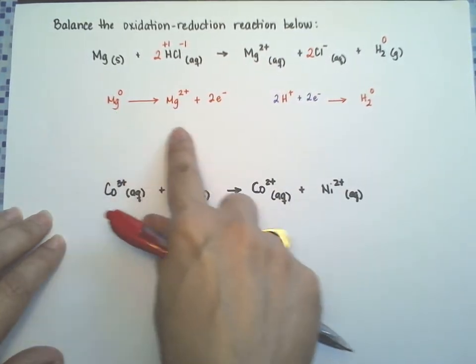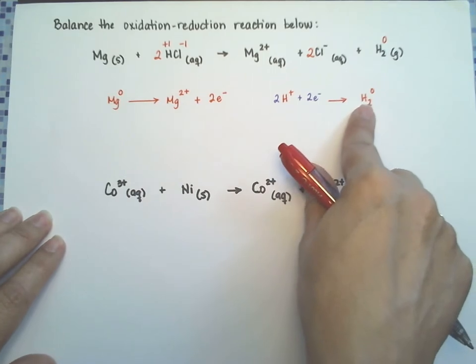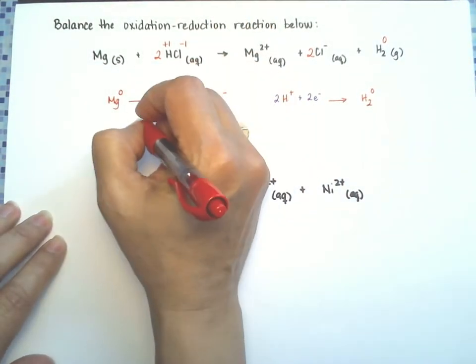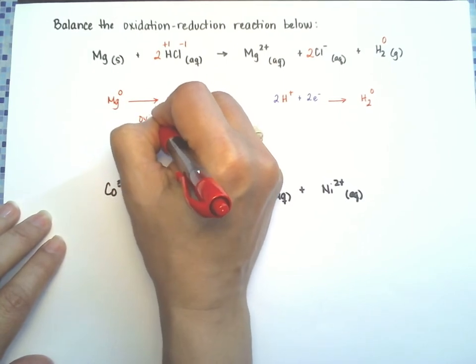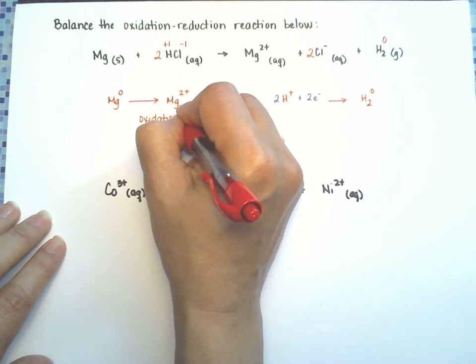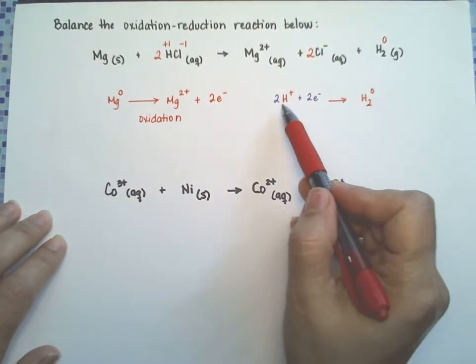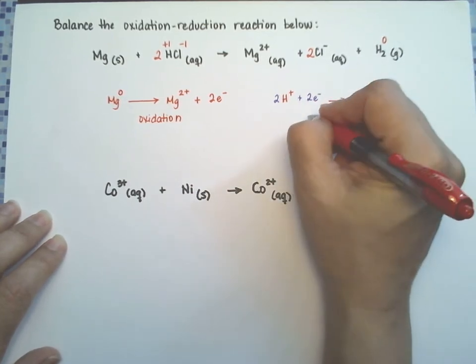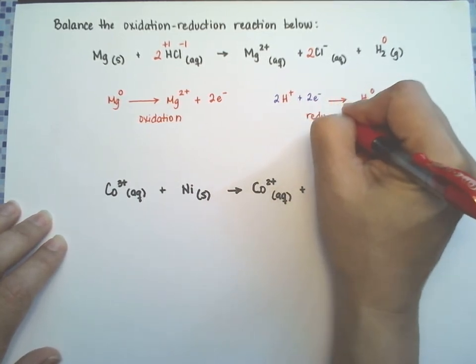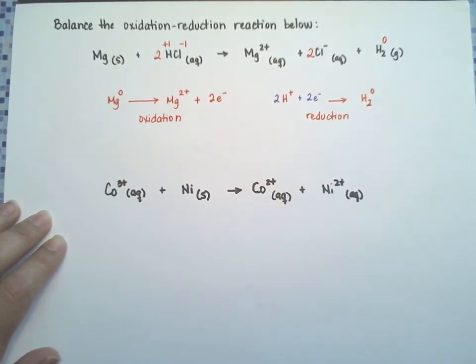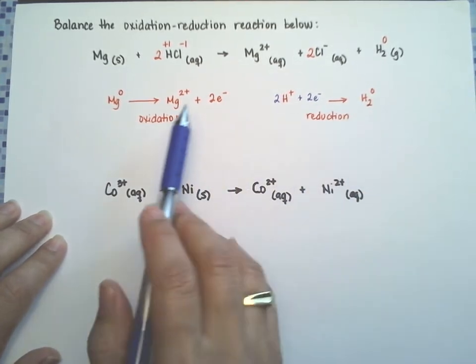In terms of what's happening in these reactions right here, magnesium goes from 0 to +2. That's an oxidation reaction. The magnesium is getting oxidized. The hydrogen is getting reduced. It goes from a +1 to a 0. So this is a reduction reaction. One extra thing.